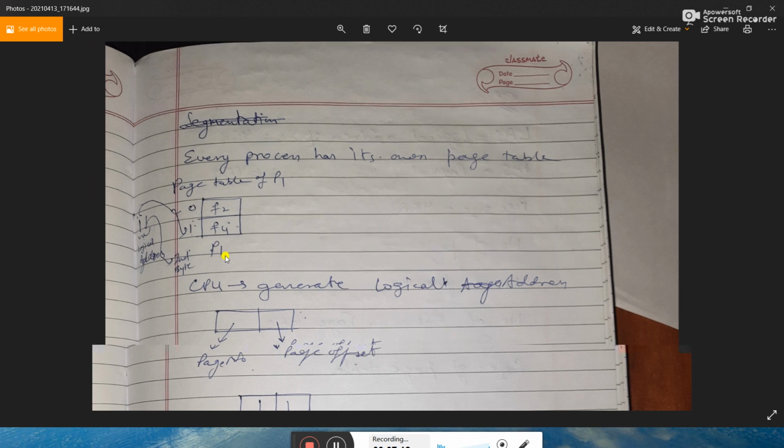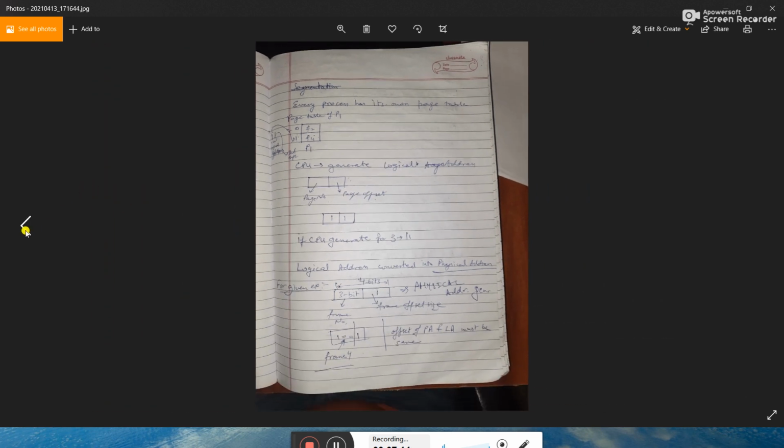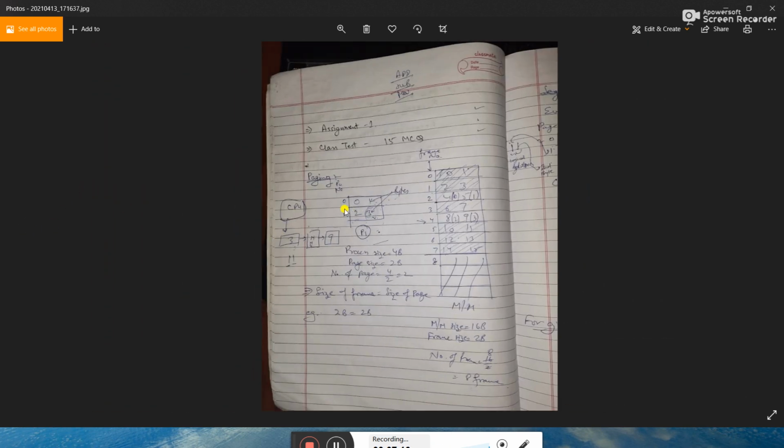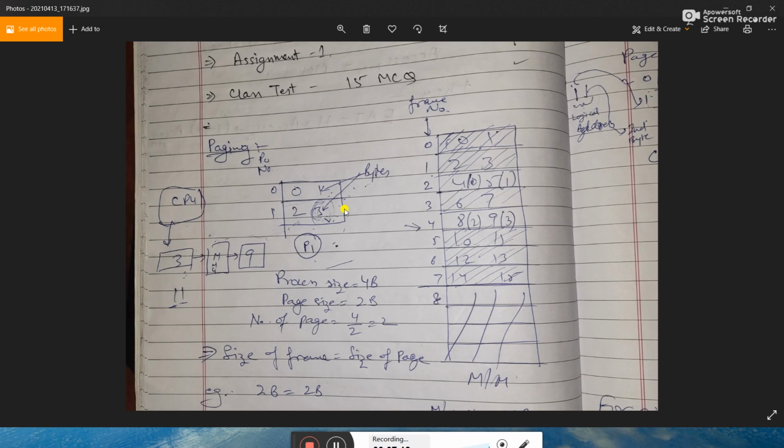Okay, so try to understand some of the things. I am again repeating. There is one process. This process is divided into pages, which are page number 0 and page number 1, divided into the same size as the frame size.